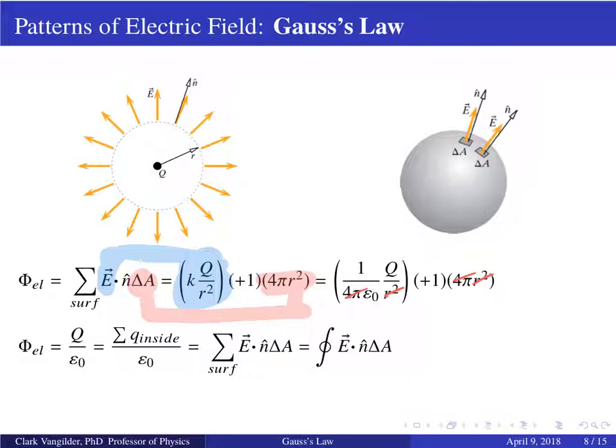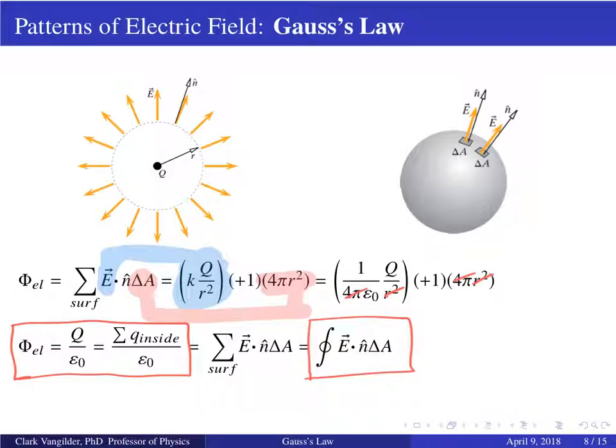So this whole line down here on the bottom, this right here is ultimately the algebraic version of Gauss's law, and throwing this part onto it basically is the calculus-based version of Gauss's law, which is a surface integral.